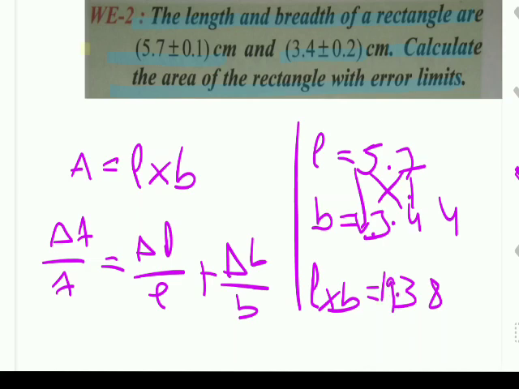So the area is 19.38. Rounding to two significant figures, our A value is 19.